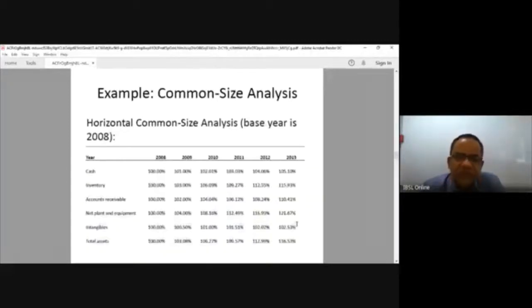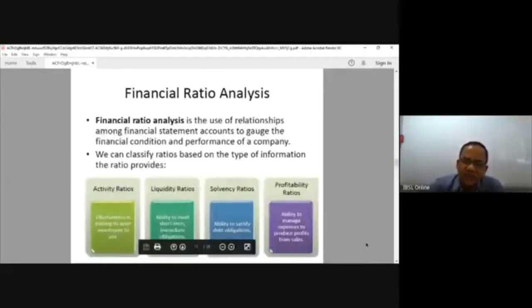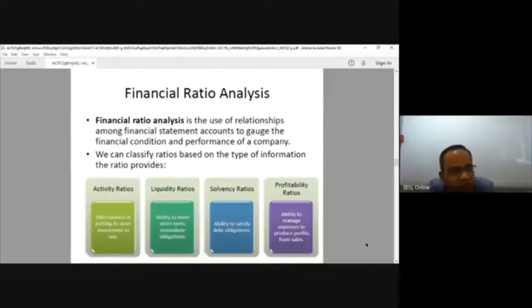Then we go into financial ratio analysis. Right? Now, normally for this course, we divide the ratio analysis into 4 areas. Now, by way of introduction, ratio analysis is a relative thing.